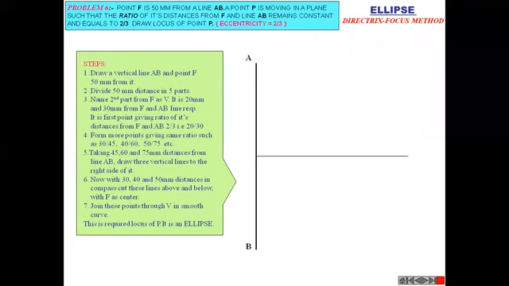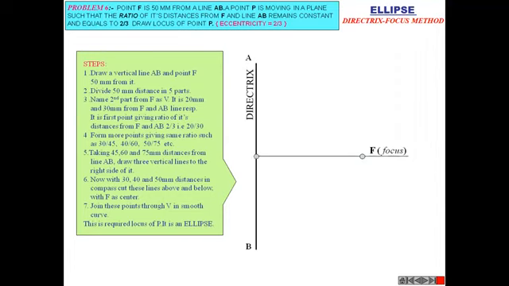The eccentricity is 2 by 3. Therefore draw the vertical line AB, with the point F 50 mm from it. This is the directrix, and 50 mm away we mark the focus.